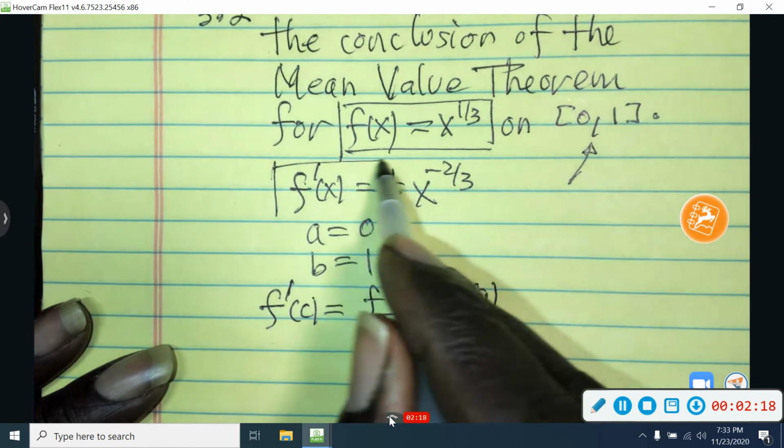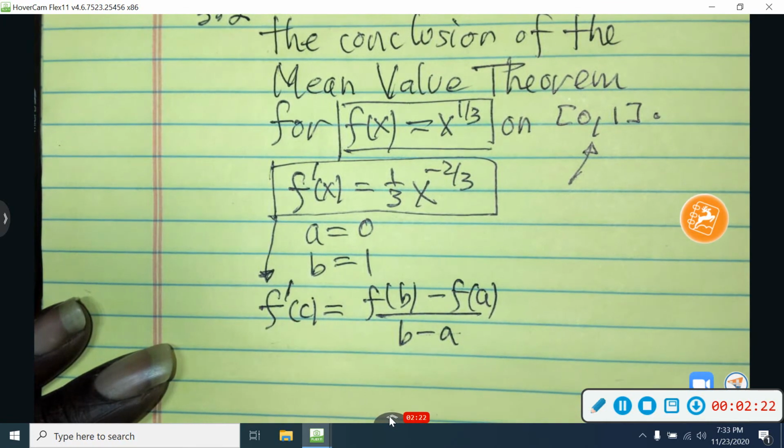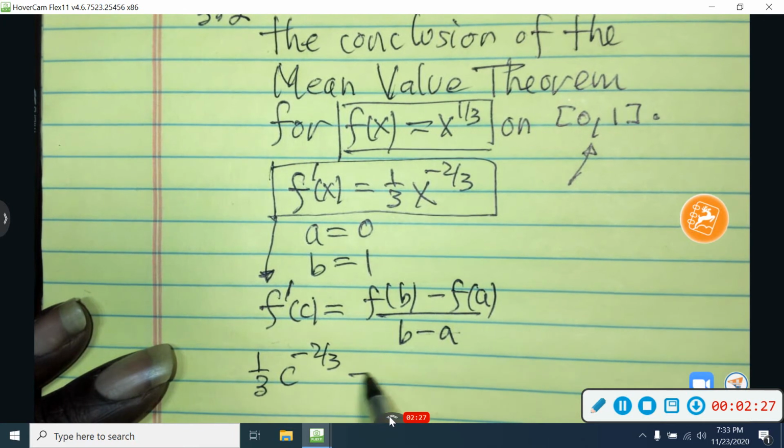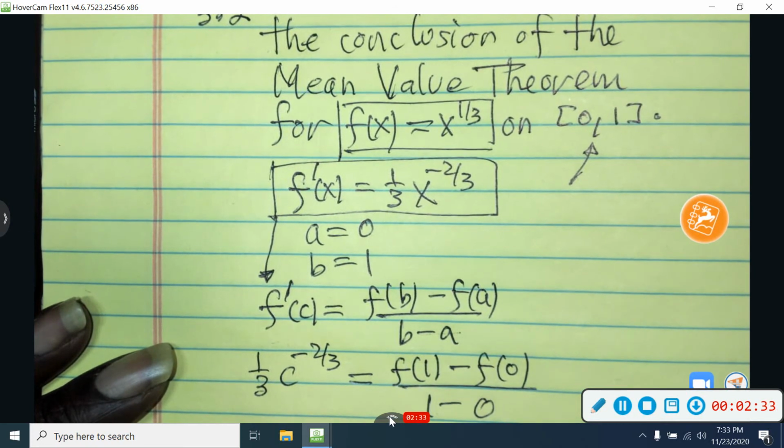Here's your derivative, put the c into it. That will give you this side right there. So it'll be 1/3 c to the minus 2/3. B is 1, a is 0, 1 minus 0.